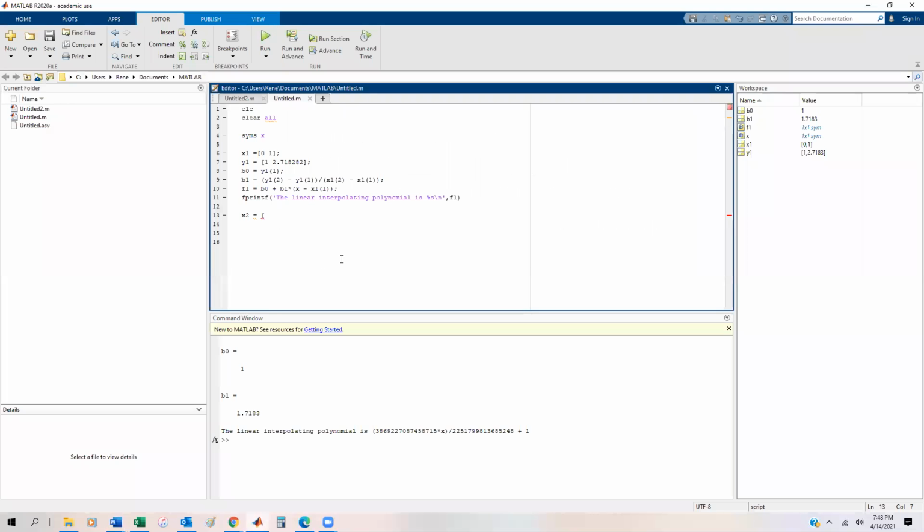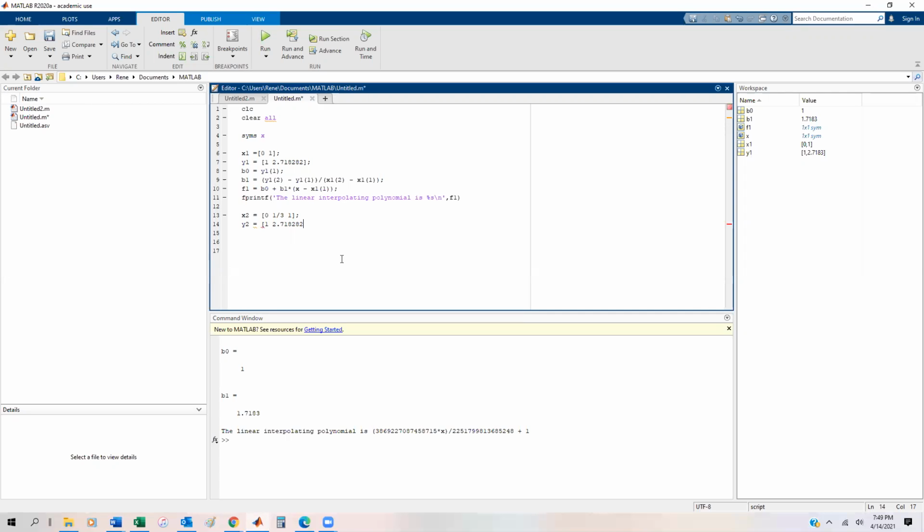So let's just go ahead and substitute back in. And we're going to plug this into Matlab. So now we're going to get 0, 1/3 for x and 1. And remember before, we knew that at 0, the exact value was 1. And at 1, it was 2.718282.